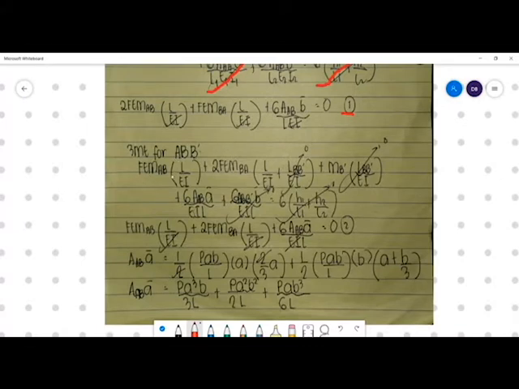FEMAB times L over EI plus 2 FEMBA times L over EI plus LBB prime over EI plus MB times LBB prime over EI plus 6A AB, centroid measured from the left over EIL, plus 6 area BB prime B over EIL is equal to 6 times H1 over L1 plus H2 over L2.